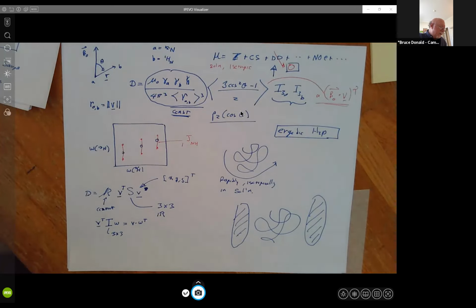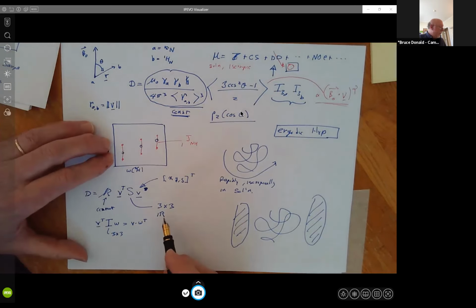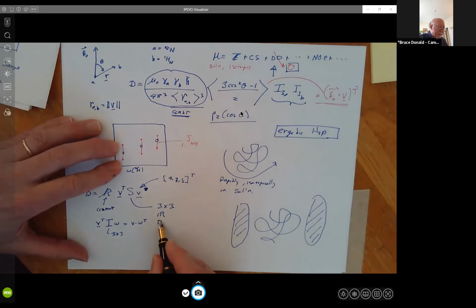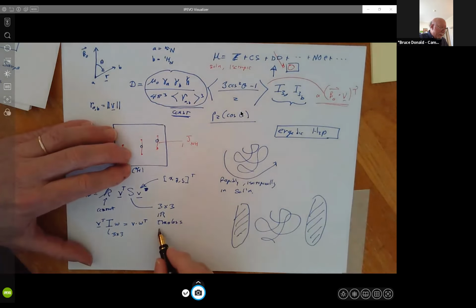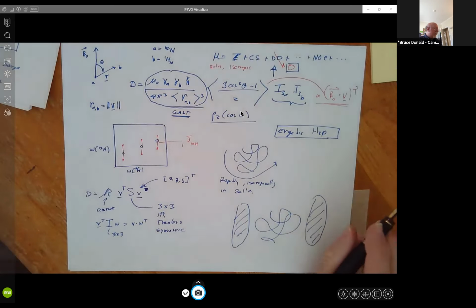So this isn't such a strange beast here. It's a strange sort of inner product. And it turns out that this matrix, again 3x3 and real-valued, is traceless. That means if you add up the elements on the diagonal, they're 0, and it's symmetric across the diagonal. So there's a lot of structure about these things.